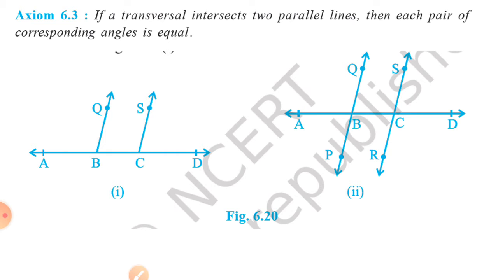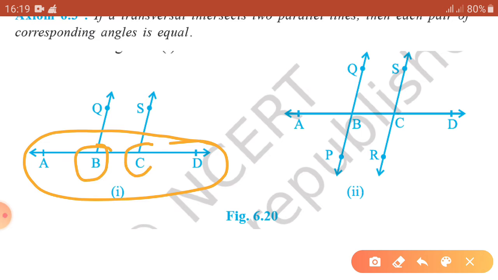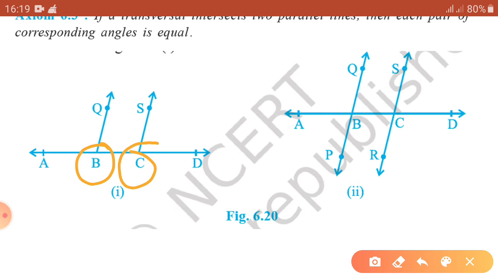To prove it, draw a line AD and mark points B and C on it, in the middle of line AD. At B and C, construct angle ABQ.